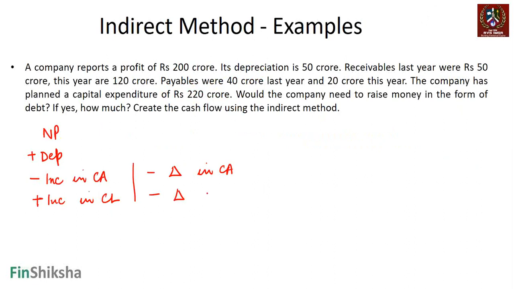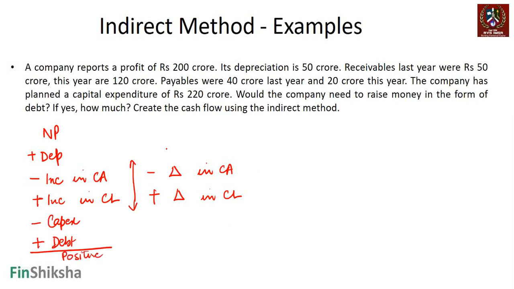This is the delta sign which I'm using for change. And then we subtract capex, and we have to do a debt raised. This can only work if the net cash flow is positive at the end.